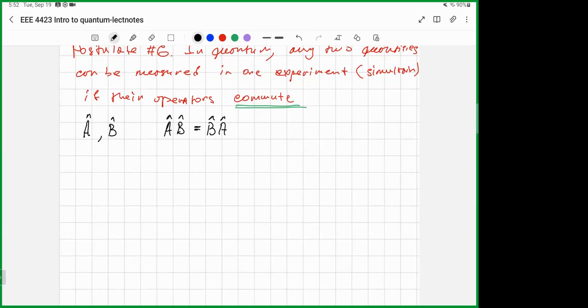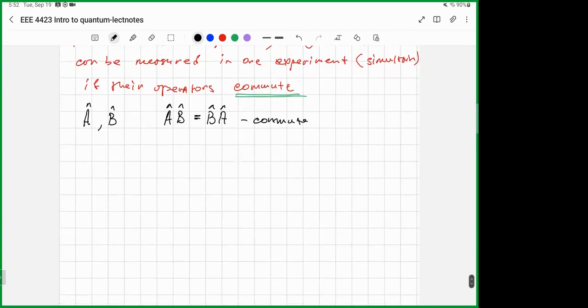If not, if AB doesn't equal BA, they don't commute.